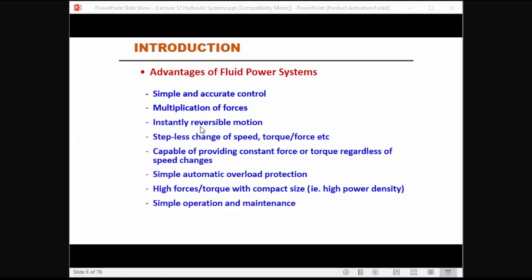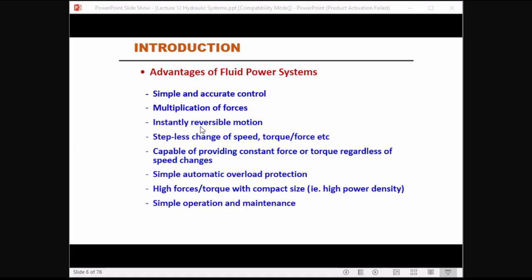Then instantly reversible motion mean a fluid power system can quickly change the direction of motion. If you want to move a piston in a forward direction, then suddenly you can move it again in a backward direction.